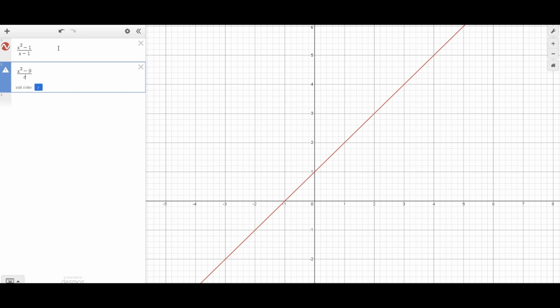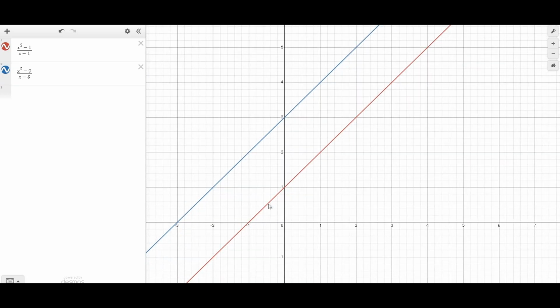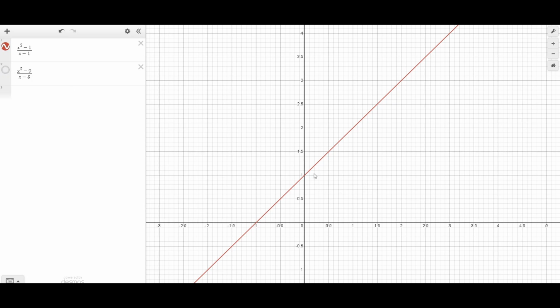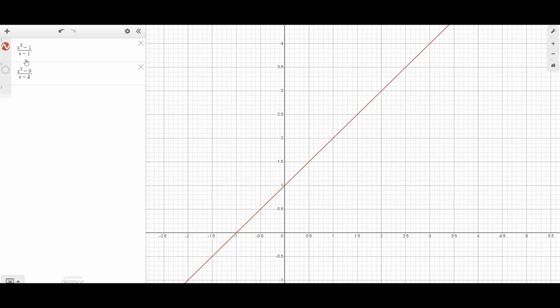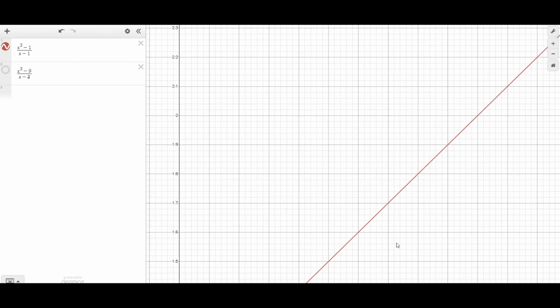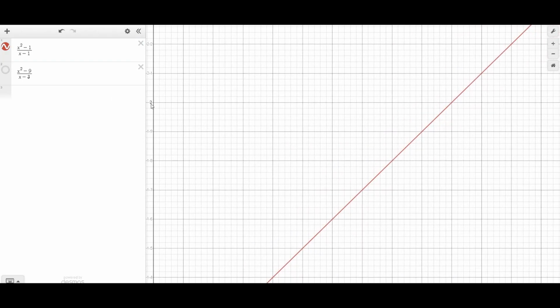So I'm going to quickly input this function. I want to show you the two functions that we just figured out. So the red one is x squared minus 1 over x minus 1. So if we look, this is what's happening. We're approaching that limit. We said our limit is 2, right? We calculated the limit of this function. So look what happens when we approach 2. Where's 2? 2 is over here. We can see 2 on the y-axis.